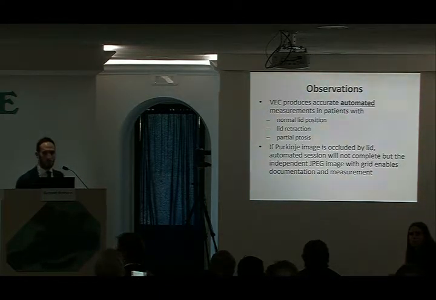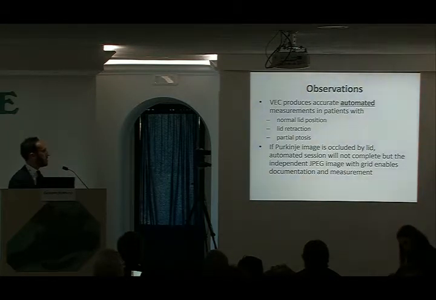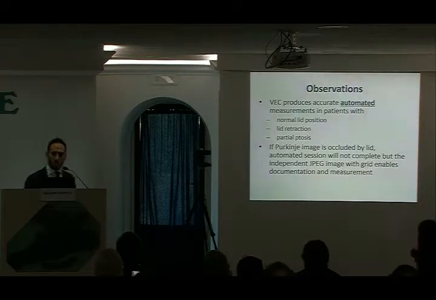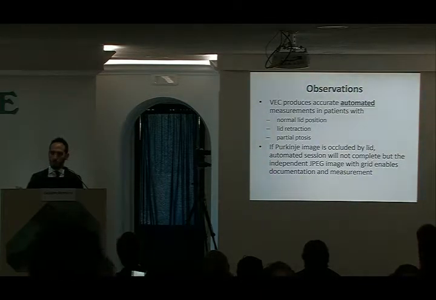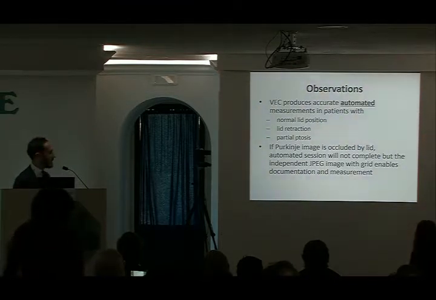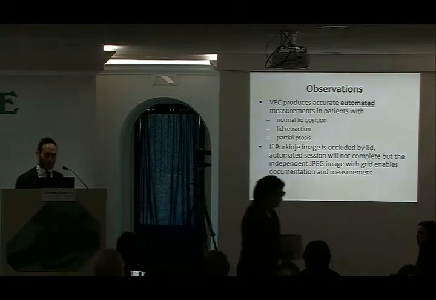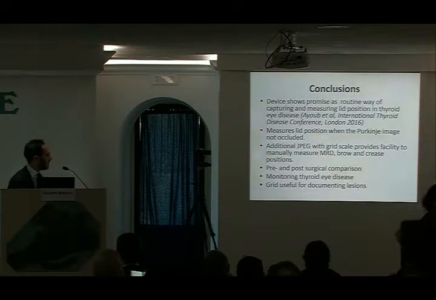Just a few important observations to make. We know in our experience that the device produces very accurate automatic measurements in patients with normal lid position, lid retraction, and partial ptosis. But we know that even if the Purkinje imaging is occluded and the automatic measurement will be incomplete, the JPEG image with the grid will help for easy documentation and manual measurement.